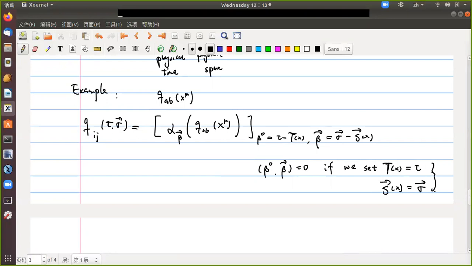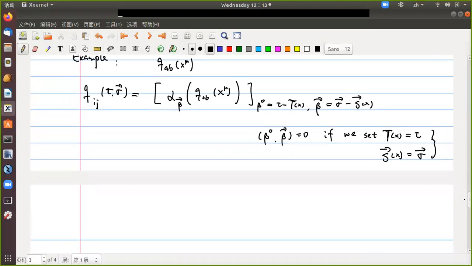So now let's fix the value of tau and sigma, and once we make this setup, it means beta 0 and beta vector equal 0, which means that you don't do any gauge transformation. So alpha beta is just trivial. It's not really doing a gauge transformation.